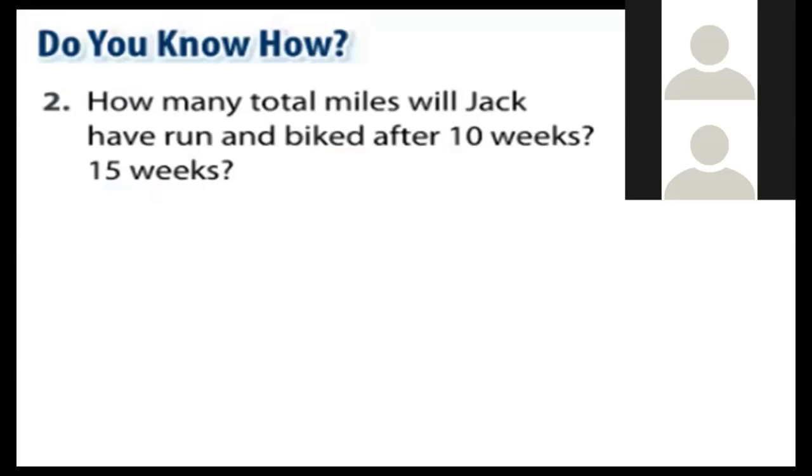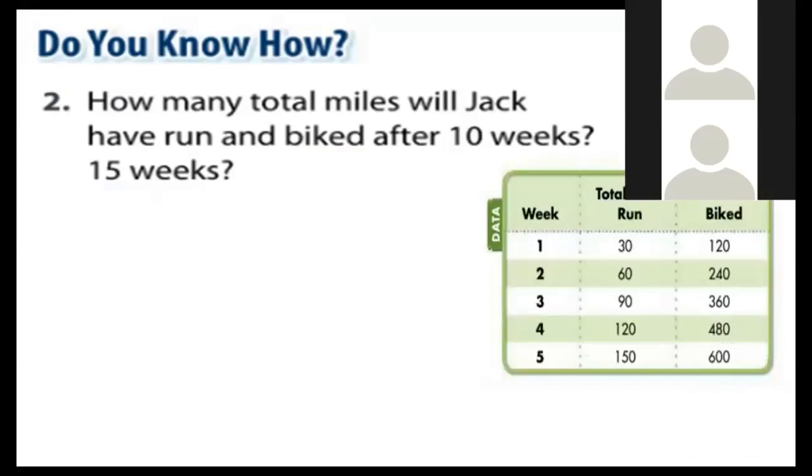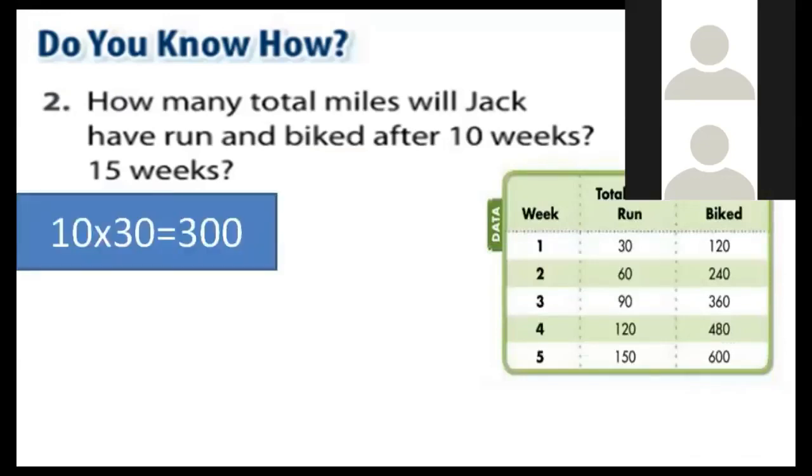We all agree from the first that each time he increased the miles that he runs by 30 miles. So from the table, I'm going to multiply 30 by 10 because he is going to run the same amount of miles through 10 weeks. Through the table, 10 by 30 will be 300. And this is for run.